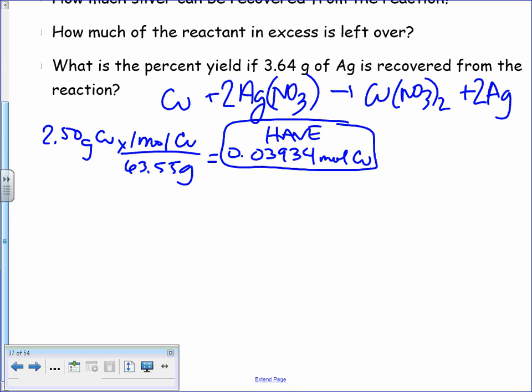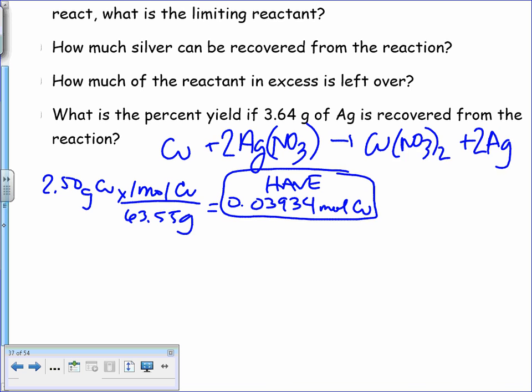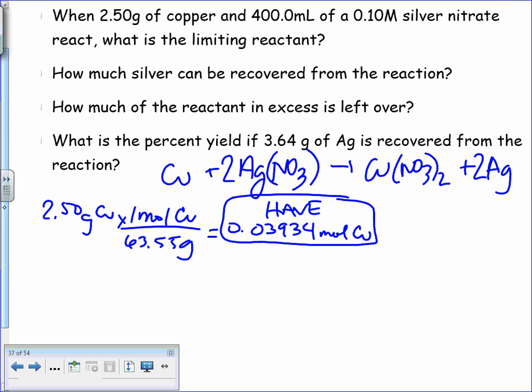Okay, so then what was the other one you had to do? I need to do the same thing for silver nitrate, but how do I use those numbers to get that? Multiply, and then what cancels? Liters, and you get moles. So molarity is that whole mole per liter thing.